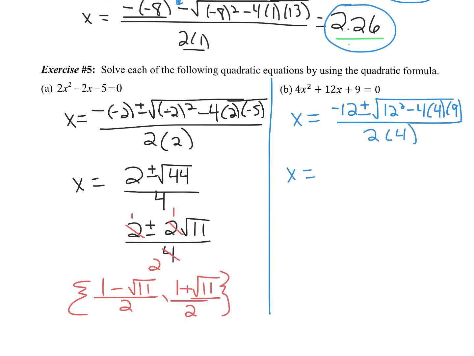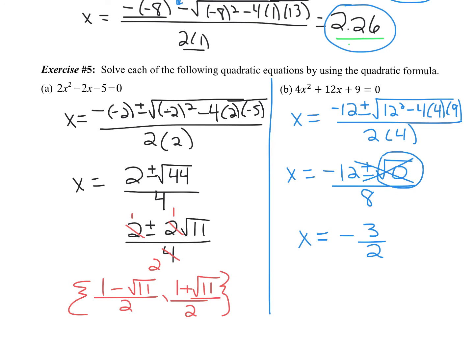That gives me negative 12, and interestingly, plus or minus the square root of 0 over 8. Now, what's kind of weird here is that this just goes away. So I actually only end up with one answer, which is negative 3/2. That's odd for a quadratic, but when we end up getting the same answer because of this situation, it's really the only time we get just one answer.